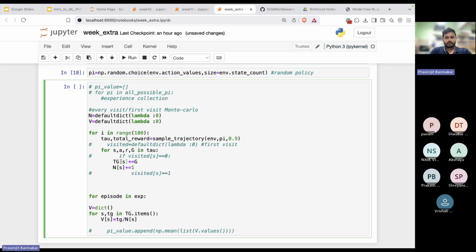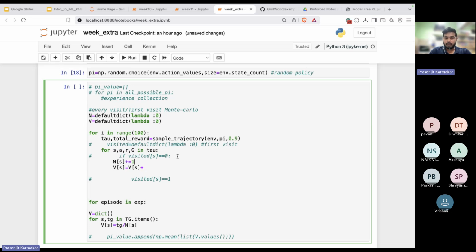So Vs is equal to Vs plus 1 over n plus 1. Let's just do some optimization. Let's do n plus 1 at the beginning and then do just n, right? 1 divided by ns times gt minus vs. So gt is g minus vs is v of s.